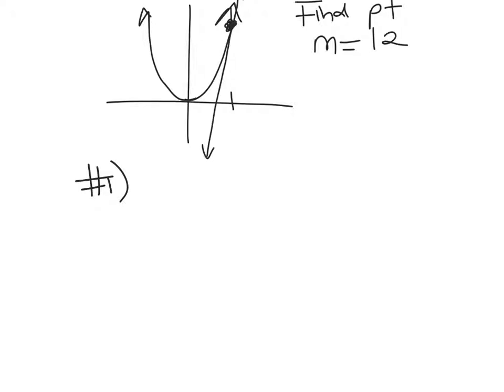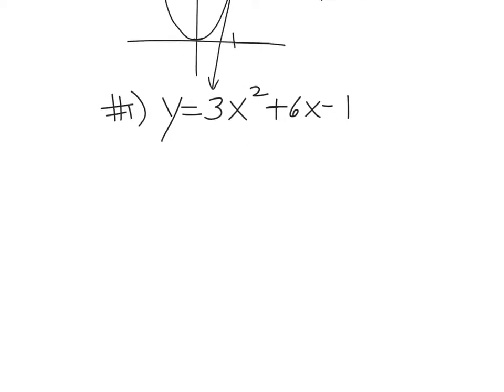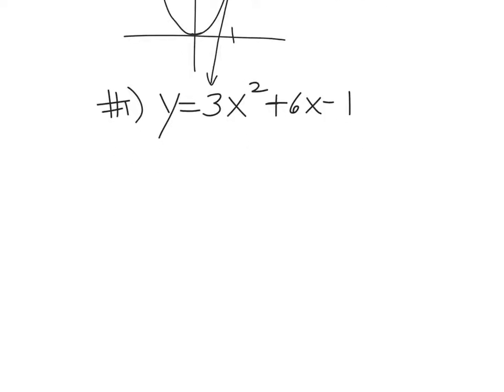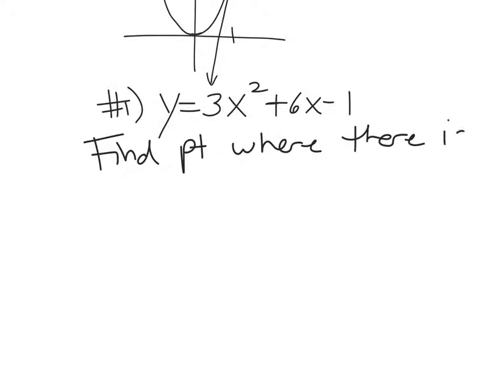All right, it says here that y equals 3x squared plus 6x minus 1. And we want to find the point where there is a horizontal tangent. Okay, there's many ways to do this one.